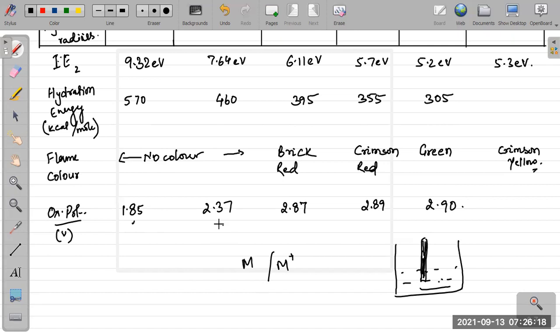It is easier to oxidize. Oxidation potential जितना ज़्यादा, इसका मतलब it is easier to oxidize that particular metal.